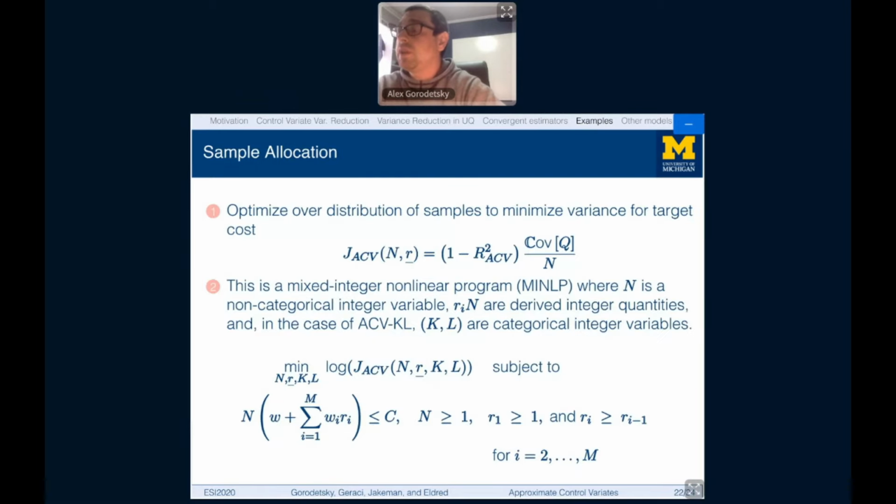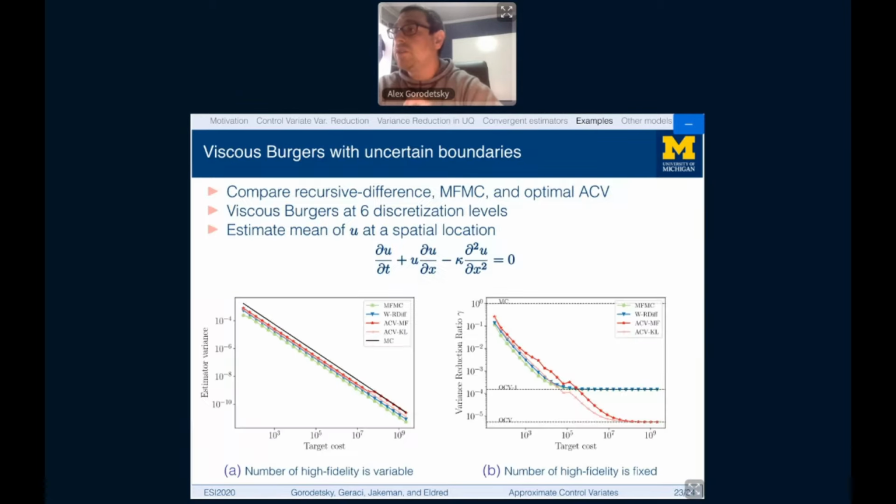I want to skip the next slide on sample allocation because I'm running a little bit short of time, and I want to show some examples. So here's a viscous Burgers' equation. It just has 6 discretization levels. We have 2 examples. The first shows that if we can sample the high fidelity model more, so it's within our knob that we can tune, then all of these estimators essentially perform the same.